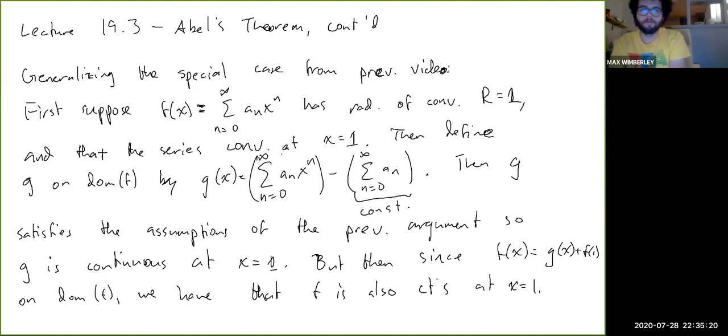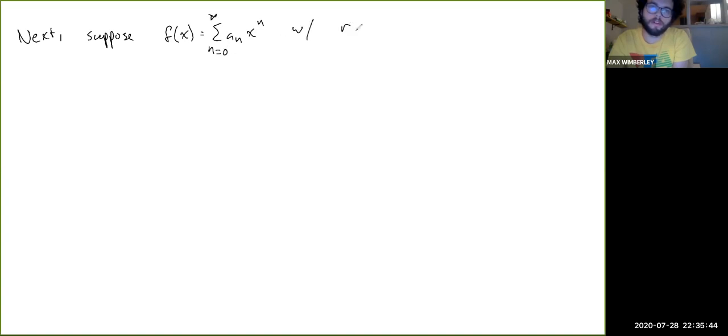So then next, suppose f of x is a power series from n equals 0 to infinity with radius of convergence r, a finite positive number, okay?